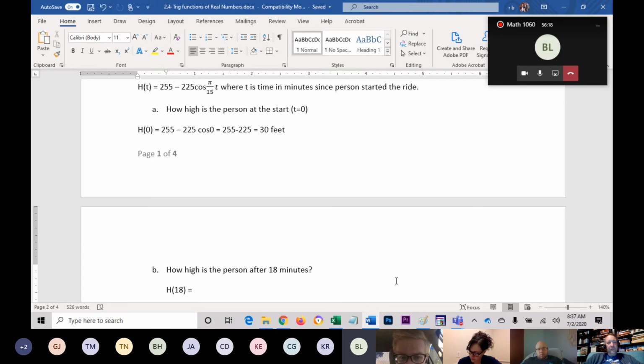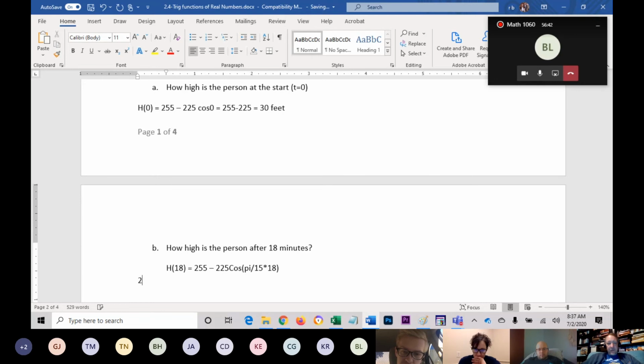It should be 255 minus 225 cosine of pi over 15 times 18. Pi over 15 times 18, those are both divisible by 3, yeah.